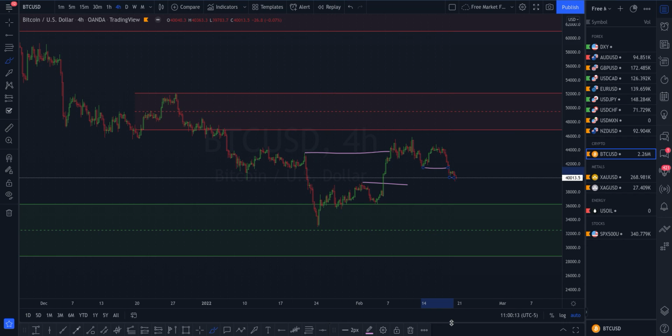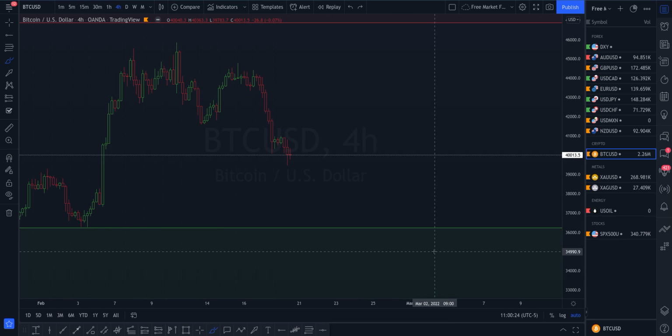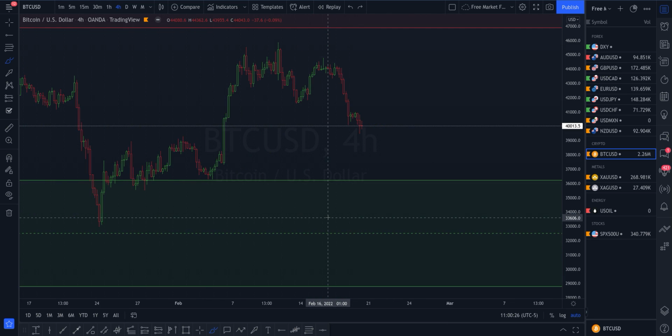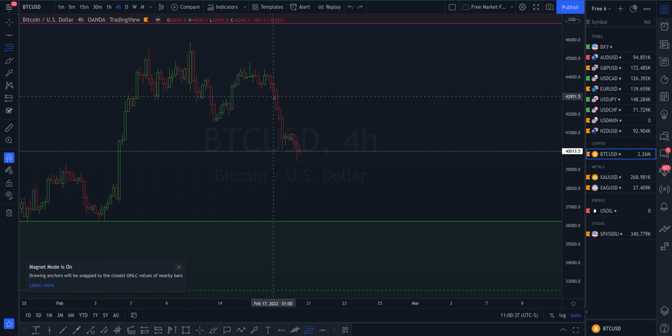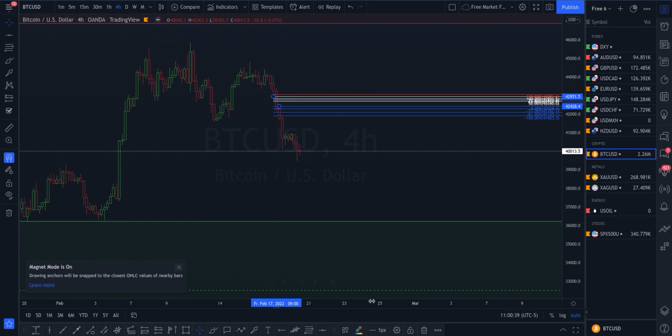All right, guys, I'm going to be looking for shorts on Bitcoin. Yeah, we're expecting it to consolidate. However, we may want to be looking to take shorts here.